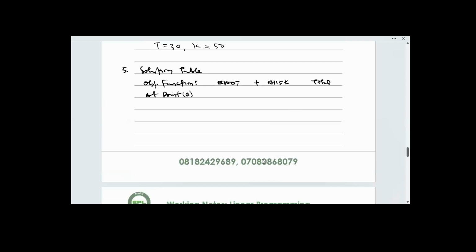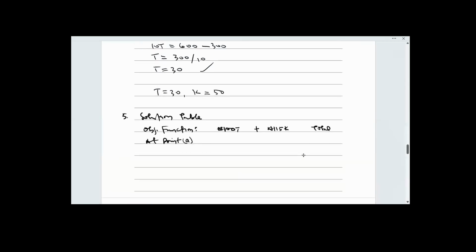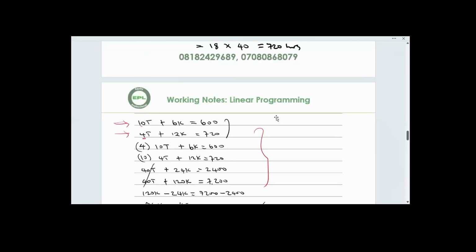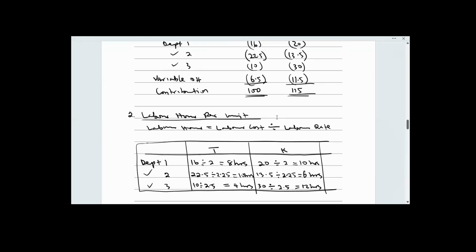So what you are supposed to do here is take the units that you have determined for each of them from your graph, all those for point A, point B, and point C, and multiply with 100. So here I would say 100 multiplied by, at that point A, what is the value of T?